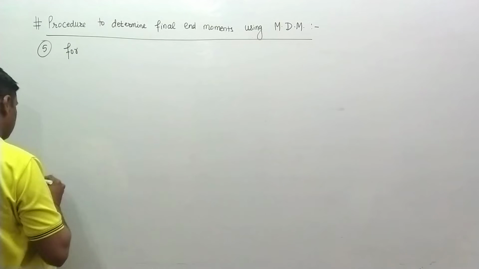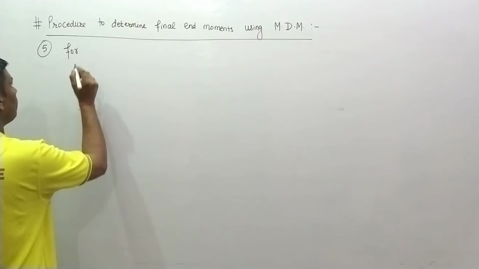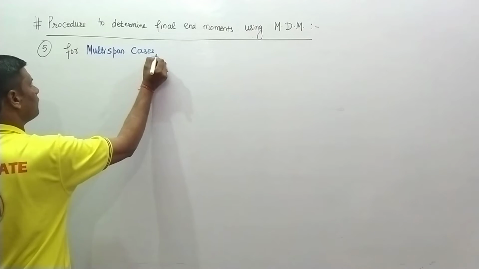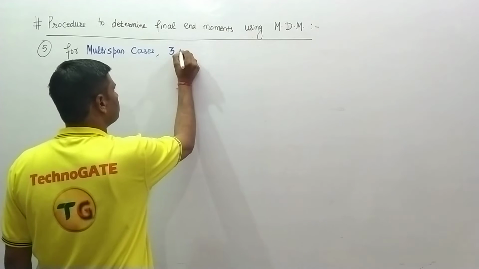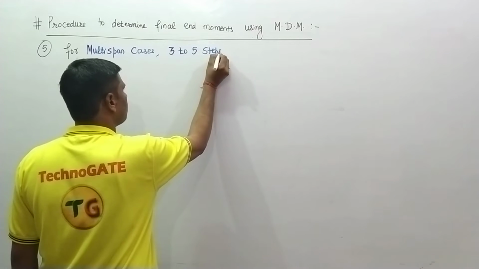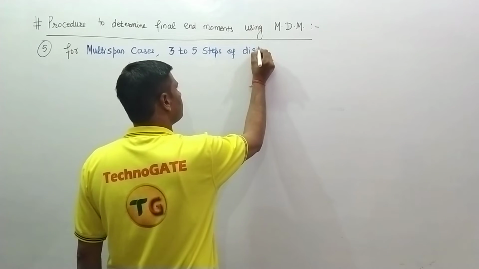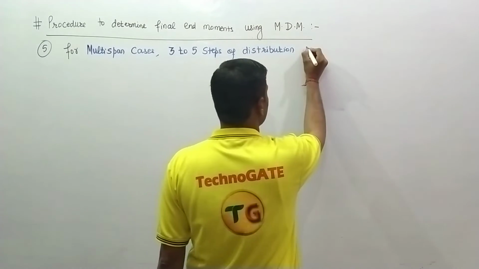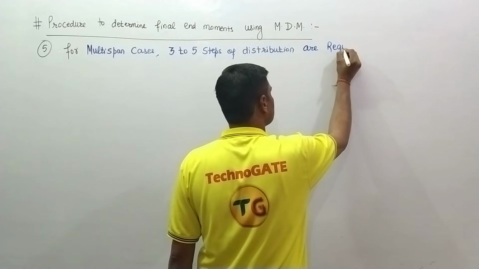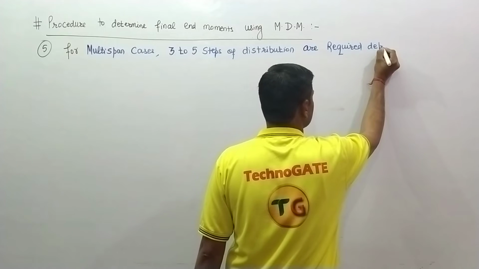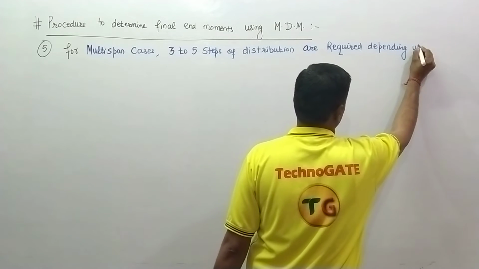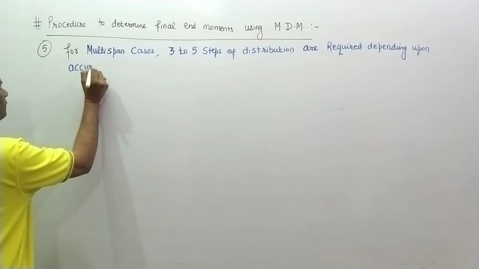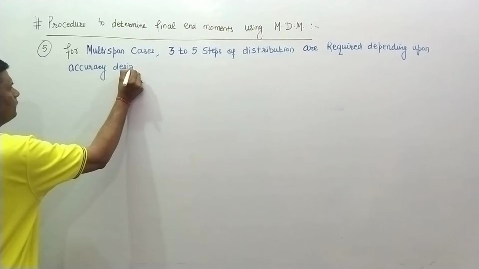For multi-span cases, 3 to 5 steps of distribution are required, depending upon the accuracy desired.